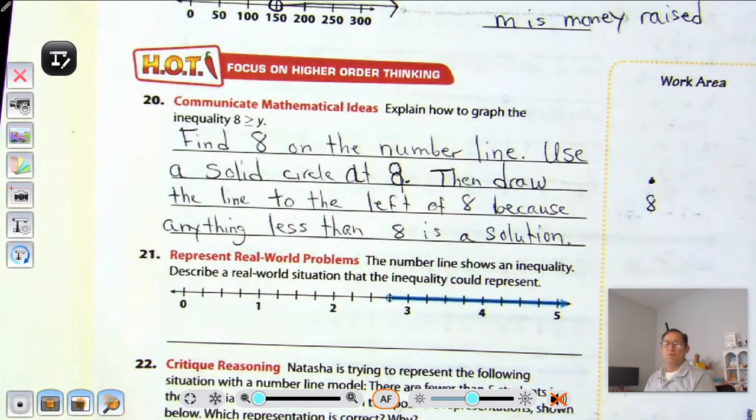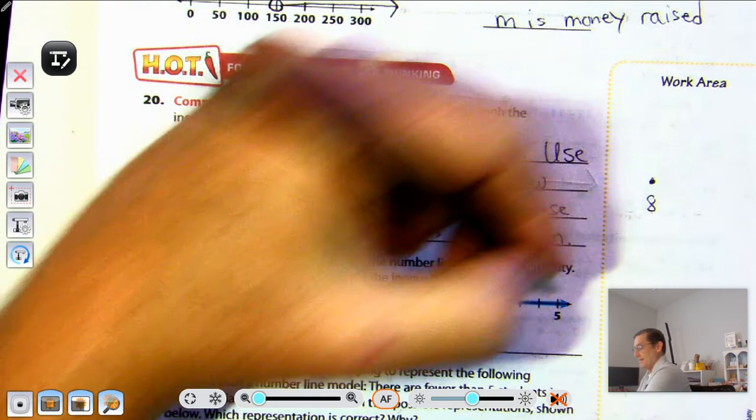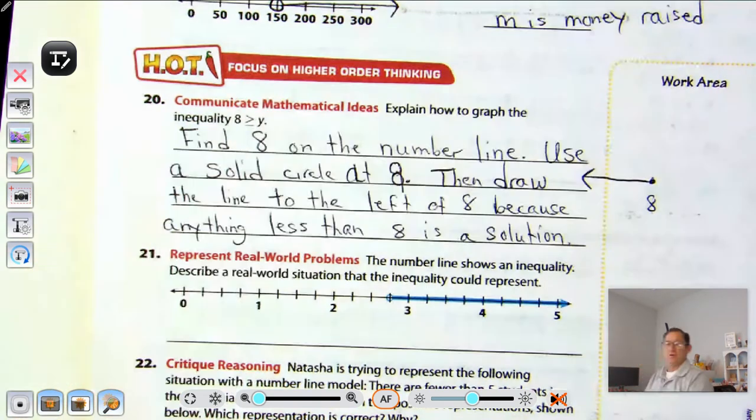Use a closed circle. And it has to be less than or equal to 8. So we would draw the line to the left.